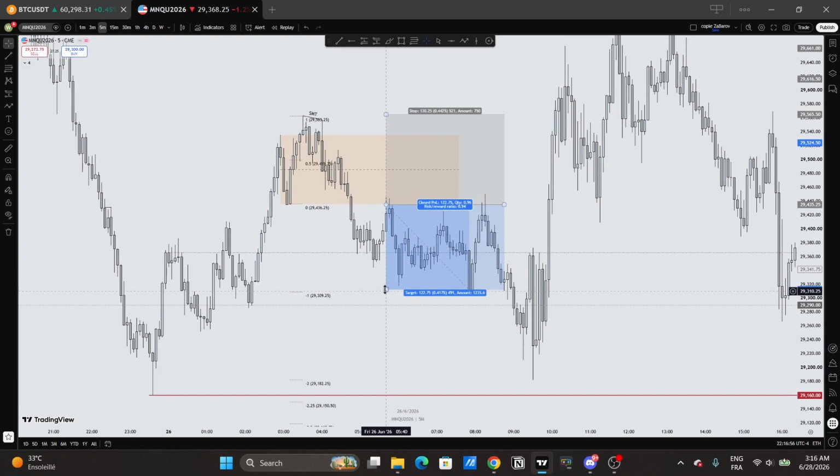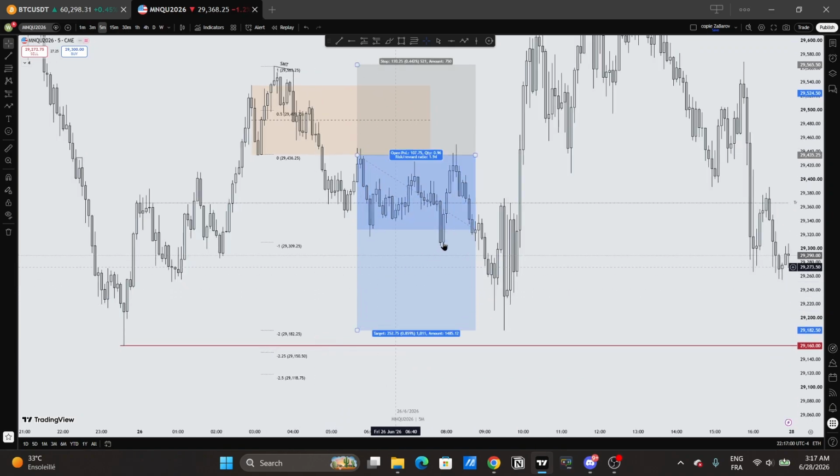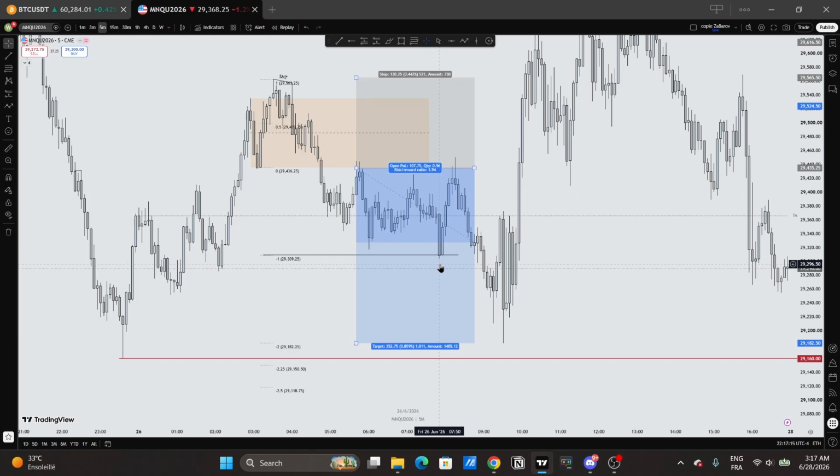Our TP will be the first one at the -2. So it's approximately a 2 RR trade, not a really big one. But you can see here that our levels were correct. You can see here the -1 gave this crazy reaction from here.